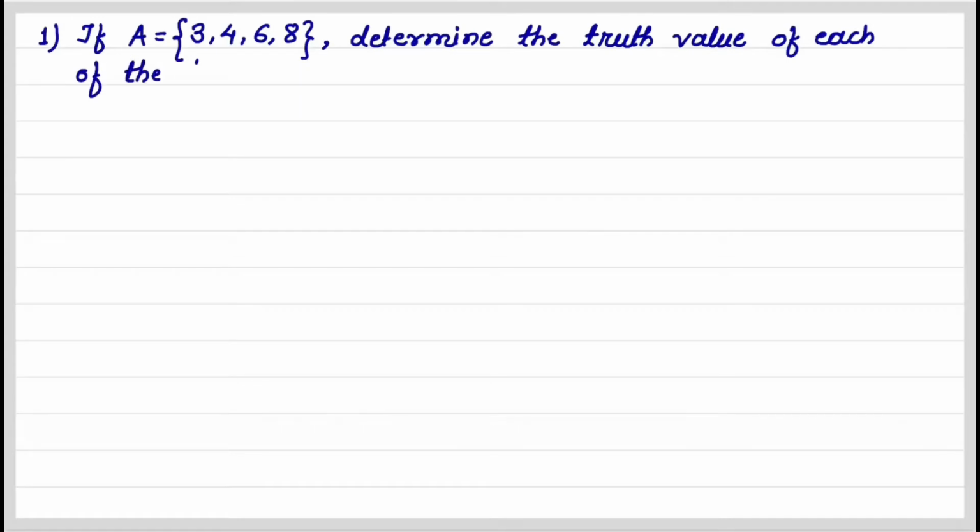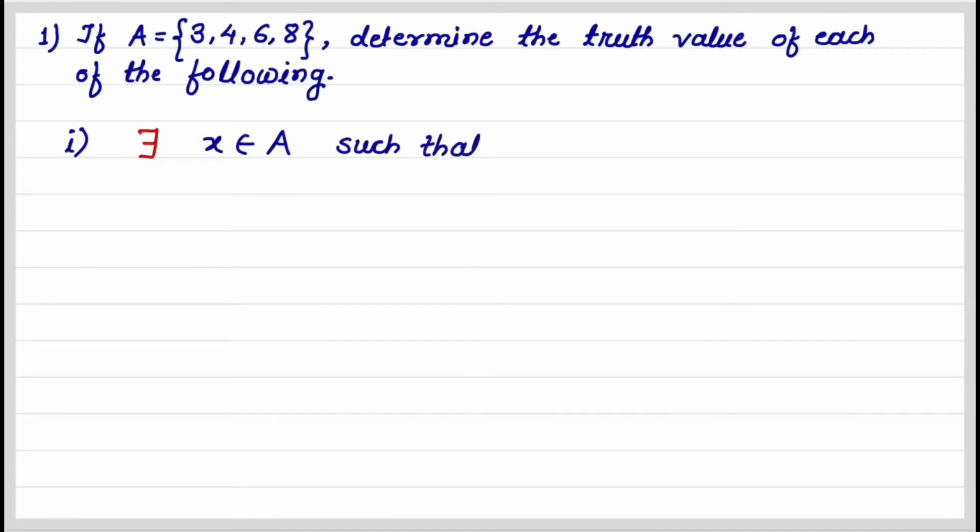Now we will see some examples. Here set A is given: 3, 4, 6, 8. These are the elements of A, and we have to determine the truth value of the following quantified statements. First example: there exists x belonging to A such that x plus 4 is equal to 7. To determine the truth value, we have to solve this equation and find the value of x.